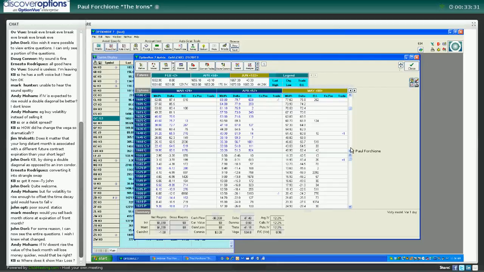And if I click the month of May, you can see that the out of the money long strangle has vega of 535. So that tells us that the long options in May are more sensitive to implied volatility than the short options in April.